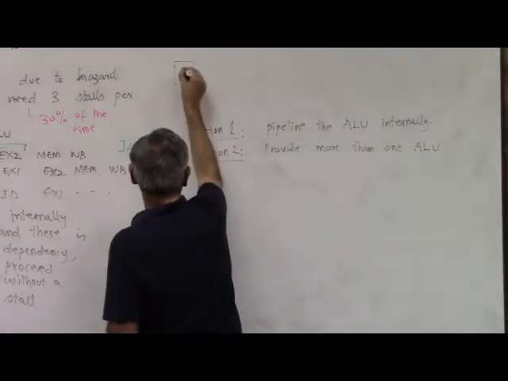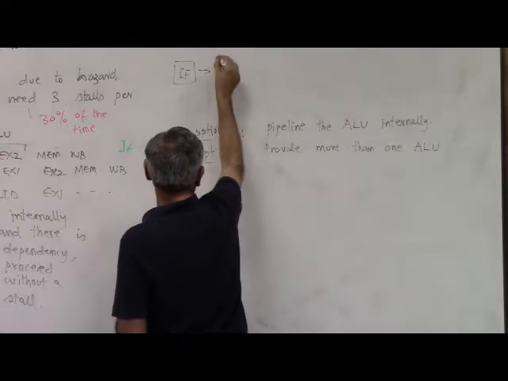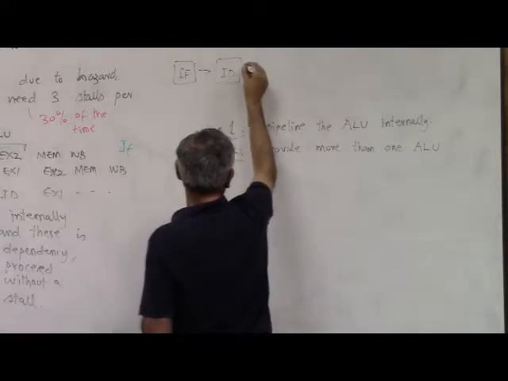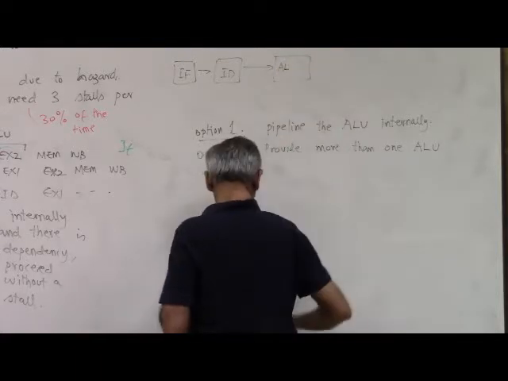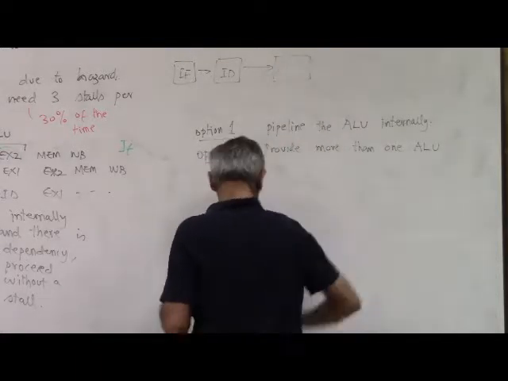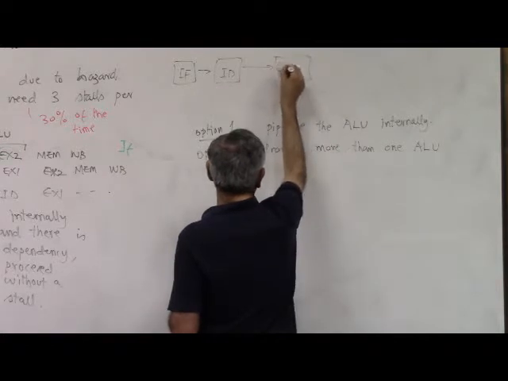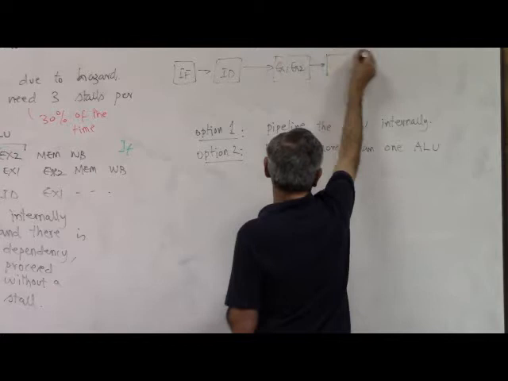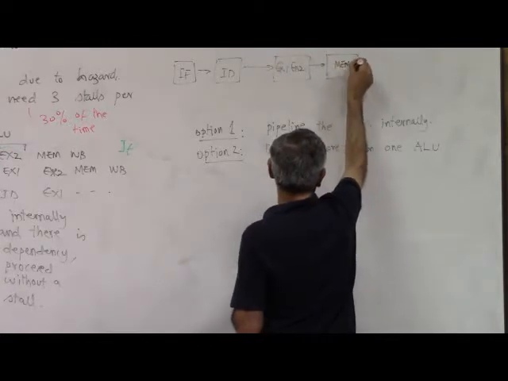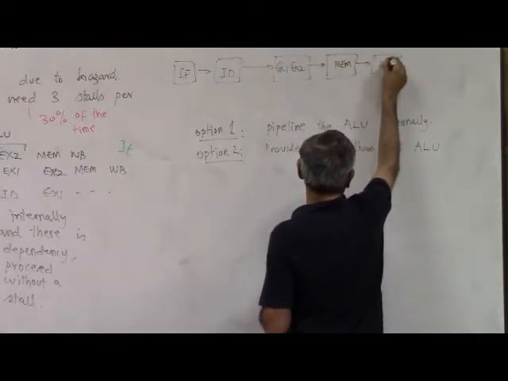We have our fetch phase, which will go to the decode phase. Then this will be our EX1, EX2, then mem, then write back.